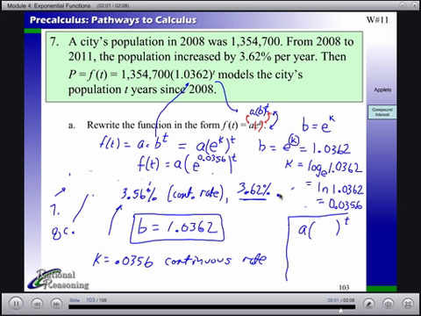If they told you that the continuous rate was 3.62%, you would start with A times e to the 0.0362. That's right. But they give you the actual rate, so that helps you find B, which was actually given here. And so from B, you can find K by B equals e to the K.